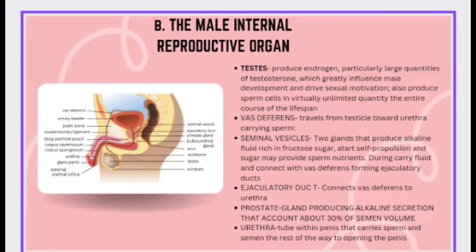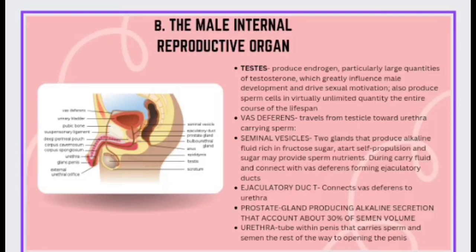Seminal vesicles are two glands that produce alkaline fluid rich in fructose sugar. The fluid provides sperm self-propulsion, and the sugar may provide sperm nutrients. The vesicle's duct can connect with the vas deferens, forming the ejaculatory duct.